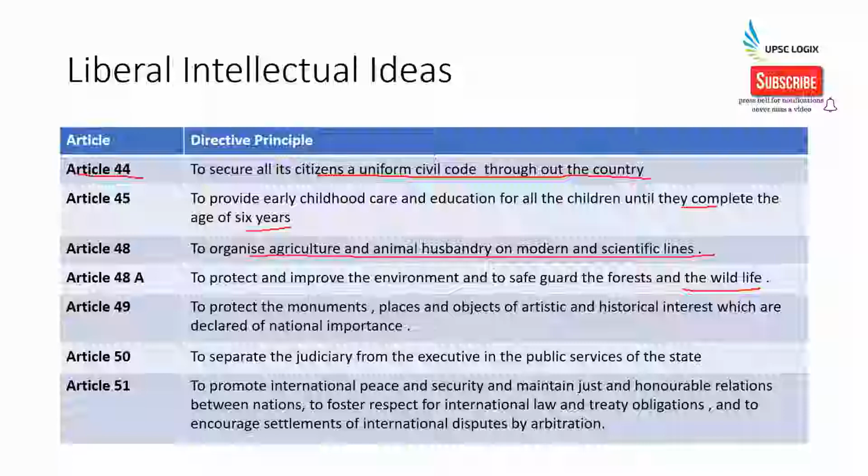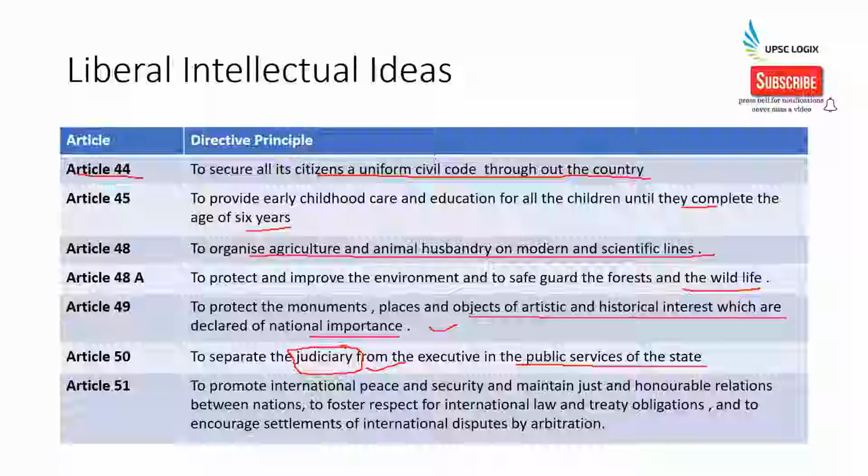Article 49 says to protect the monuments, places or objects of artistic and historical interest which are declared of national importance. So this is also one of the fundamental duties. Then Article 50 says to separate the judiciary from the executive in the public services of the state, and this is basically so that the judiciary is not pressured by the executive in judgment.